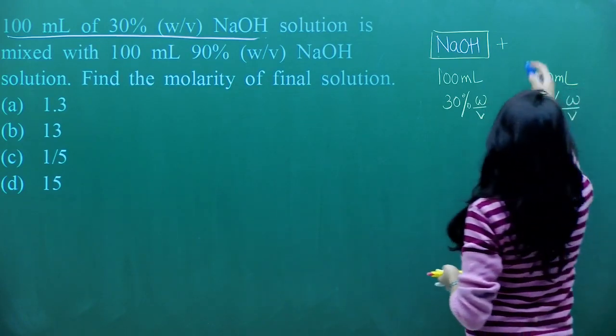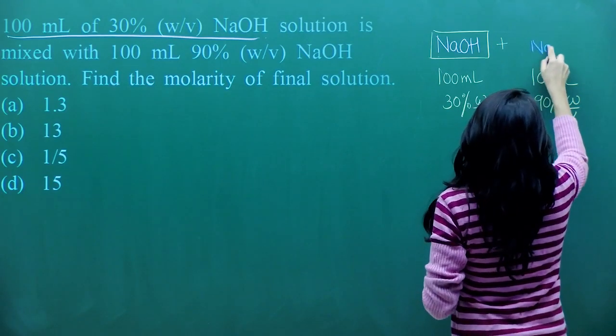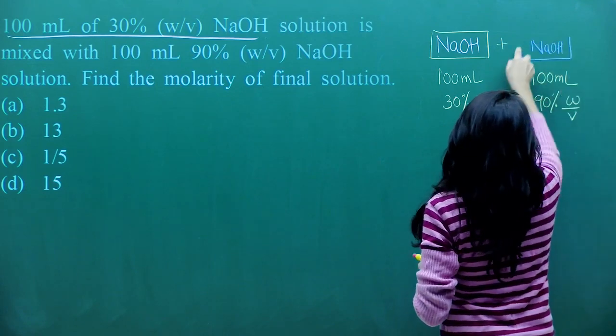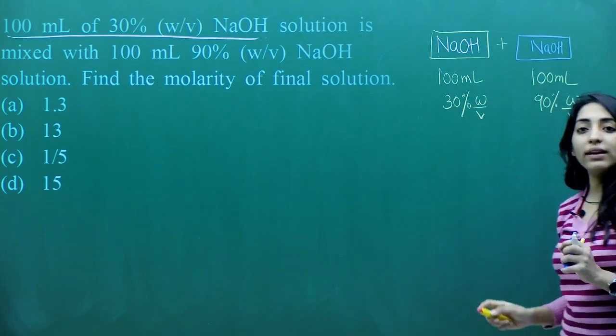So another NaOH solution is there, this is the second NaOH solution. You need to find out the molarity of the final solution.